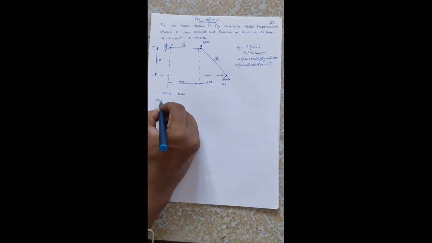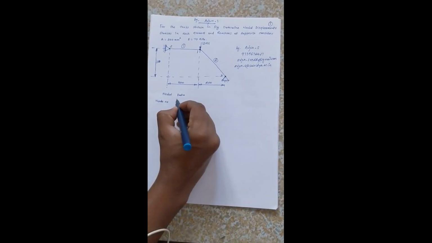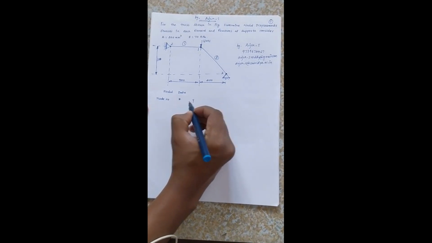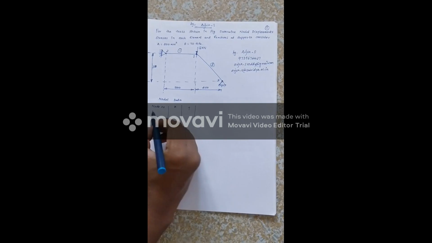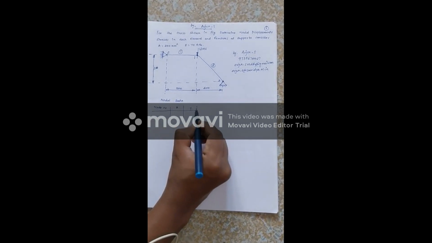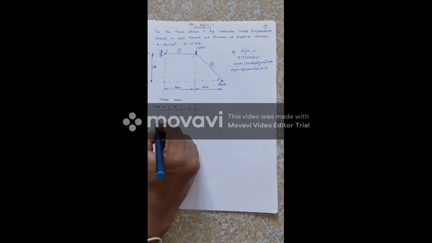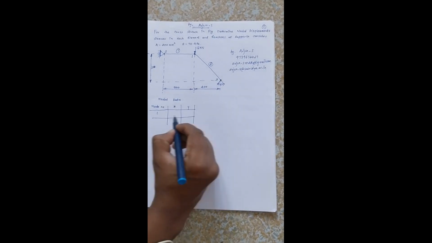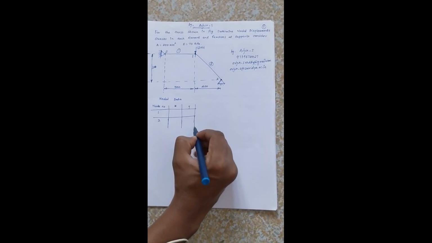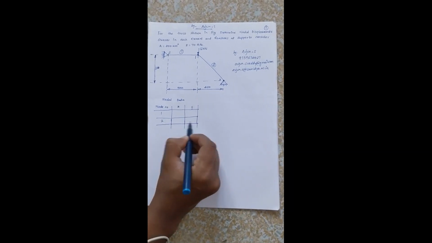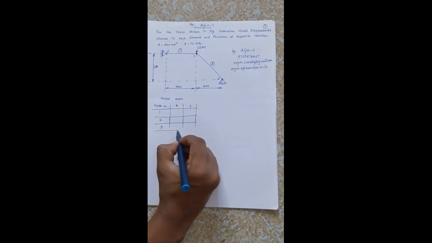which is node number, x coordinate and y coordinate. We have 3 nodes, so node number 1, node number 2, and node number 3.